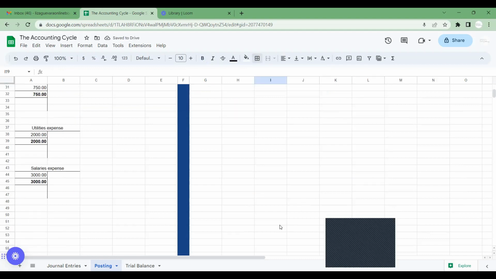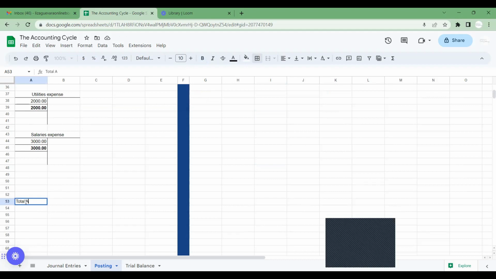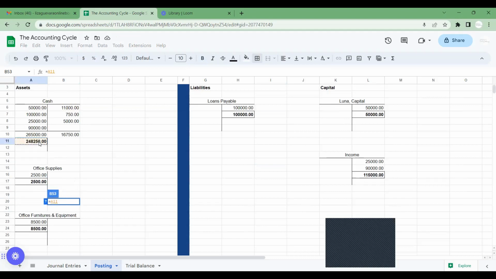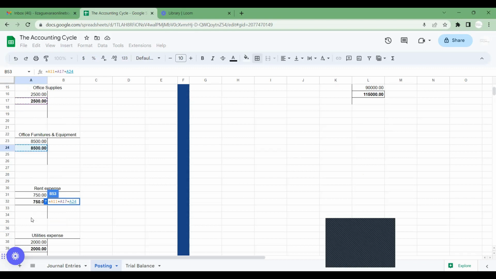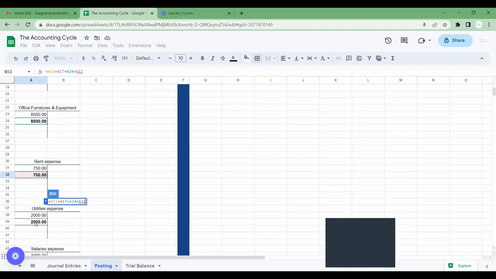Okay, so let's go ahead and add everything. Total assets here: we have cash plus office supplies plus office furniture and equipment plus rent expense plus utilities and plus salaries expense.